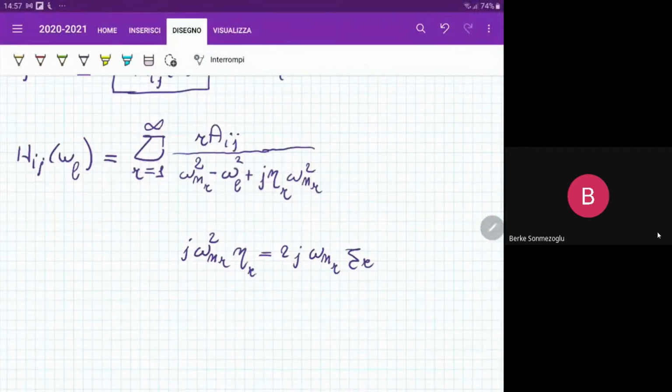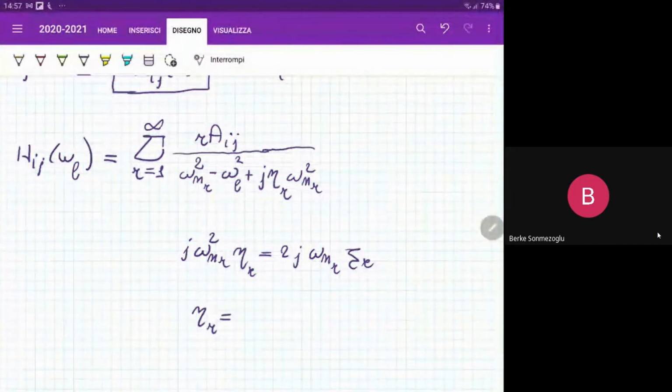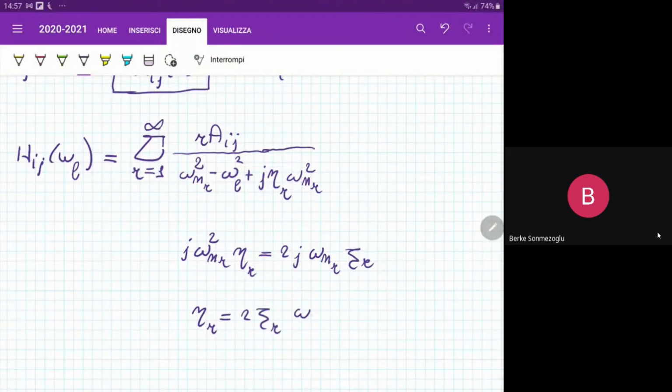And as you should know, the damping factor is related to the damping coefficient zeta_r by 2 zeta_r omega_L over omega_nr.